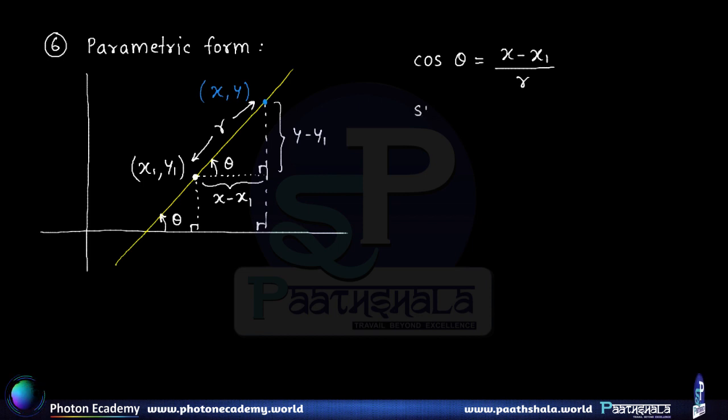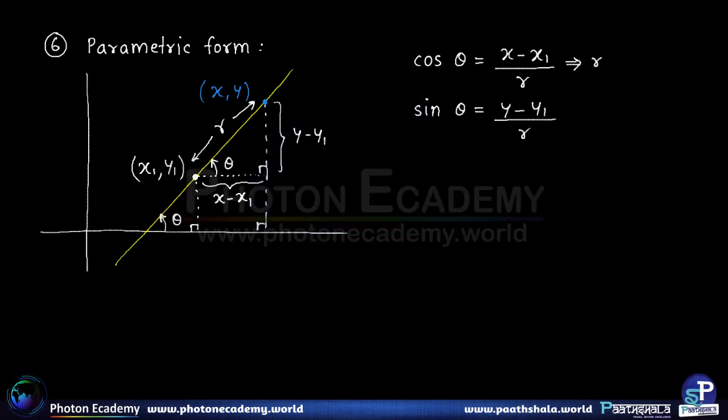Similarly we can write sin theta as y minus y1 upon r. So we can write r as x minus x1 upon cos theta, and from the second equation also we can write r as y minus y1 upon sin theta.